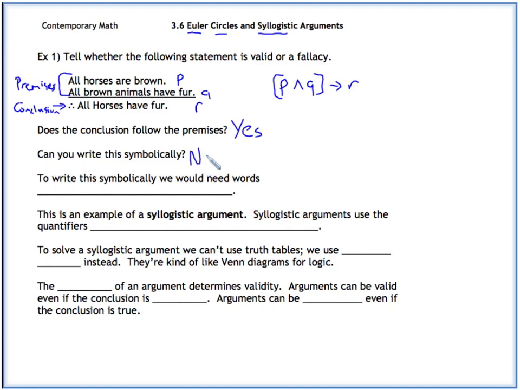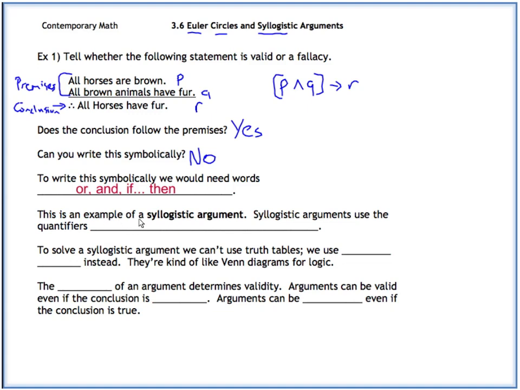So no, we can't write this symbolically. In order to write it symbolically, we would need words like or, and, if, then. So we need to have our connectives here to be able to write this symbolically. Otherwise, it's not going to work.